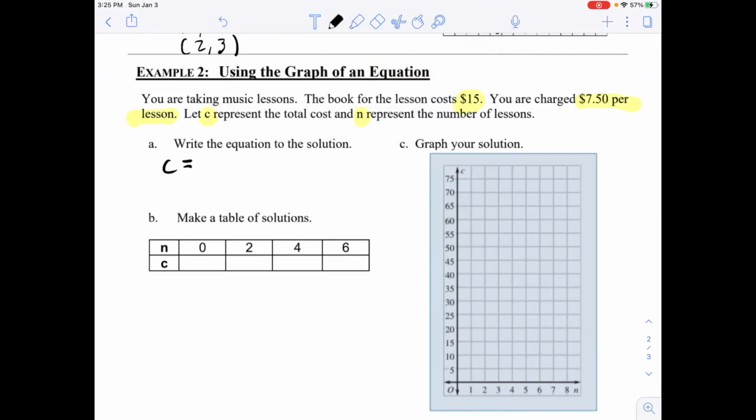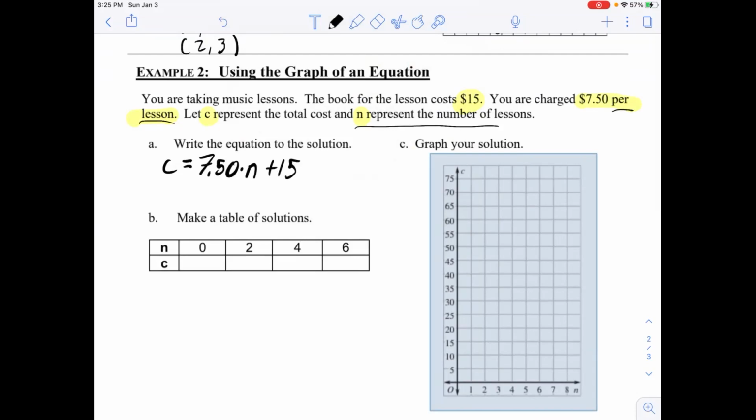The book costs $15, and it's $7.50 per lesson. Well, N represents number of lessons. $7.50 per lesson means I have to multiply that. So that's going to be $7.50 times the number of lessons, adding that 15. That's how I write my equation.